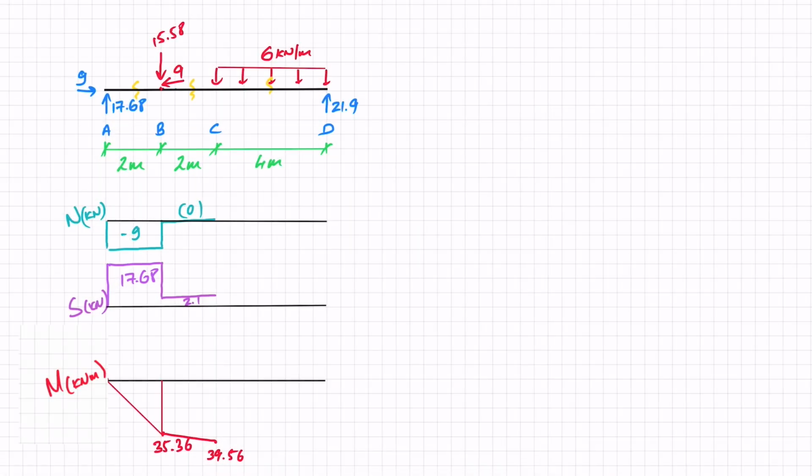And now I'm ready for my third and final cut. This is going to be between C and D. And if I draw out my beam, I've gone through 2 meters here, another 2 meters, and x3 is going to start from here, and that x3 is going to be between 0 and 4 meters. So in that case, I've got my two reaction forces here, 17.68 and 9.